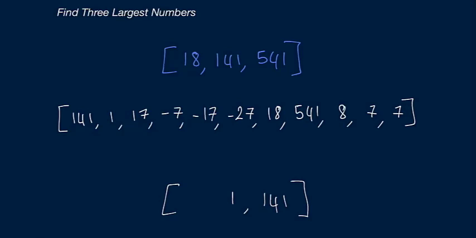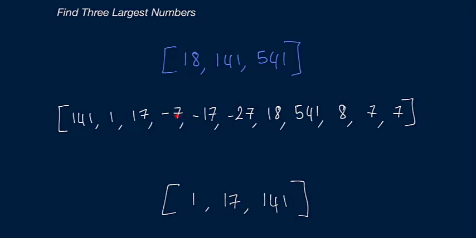And then we grab our second largest number and shift it 1 to the left and put 17 here in the middle. Because, again, just to make sure that we're on the same page, 17 was greater than our current second largest number, which was 1. Therefore, we want to make 1 our third largest number and 17 our new second largest number.